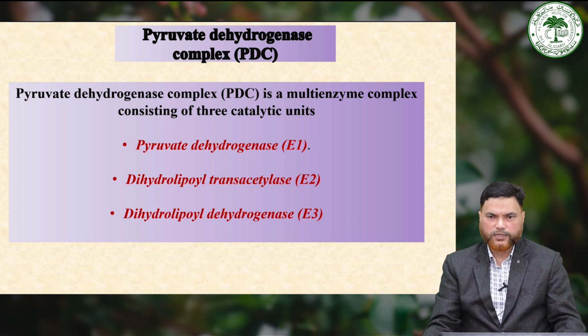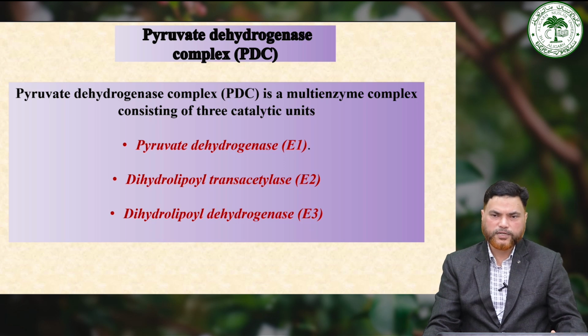The third step involves a trans-esterification process in which the thiol group of coenzyme A replaces the thiol group of the second complex, that is E2, and produces acyl coenzyme A and the fully reduced form of the lipoyl group.